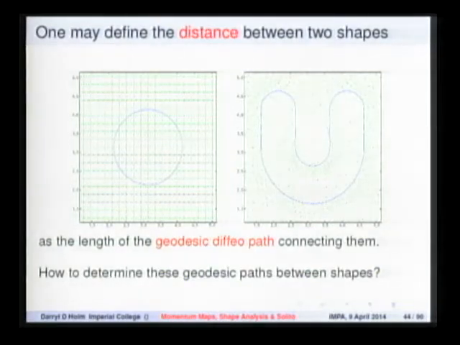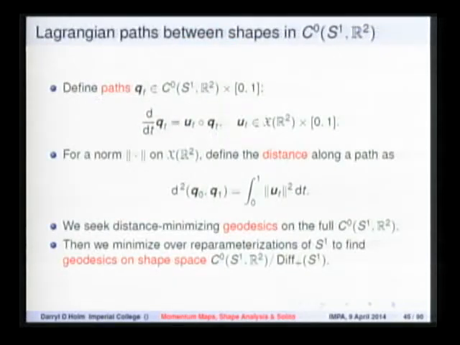And so we would like to be able to determine these geodesic paths, and we'll think in terms of Lagrangian paths between shapes on the plane, the ones we just saw, S1 embeddings in R2. Okay, so we define our paths.